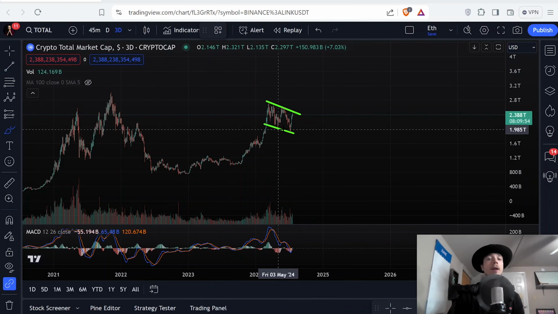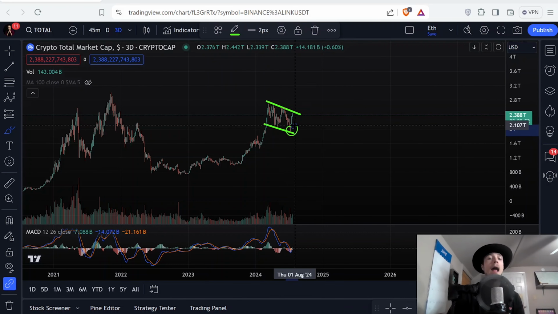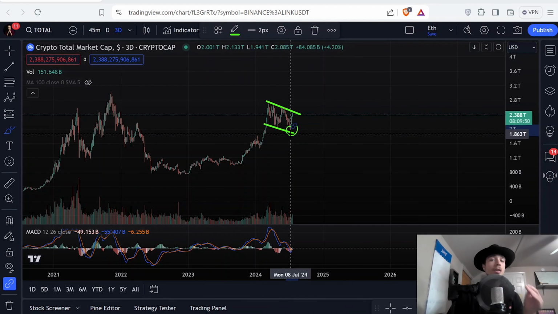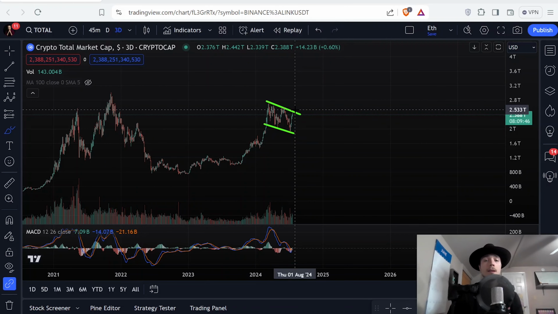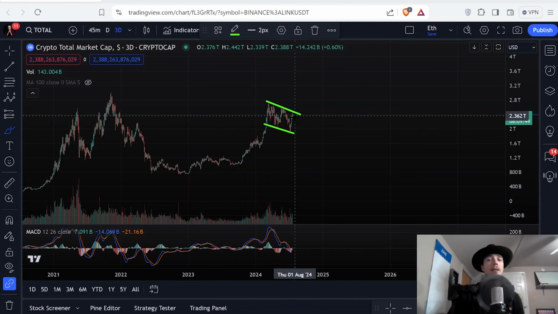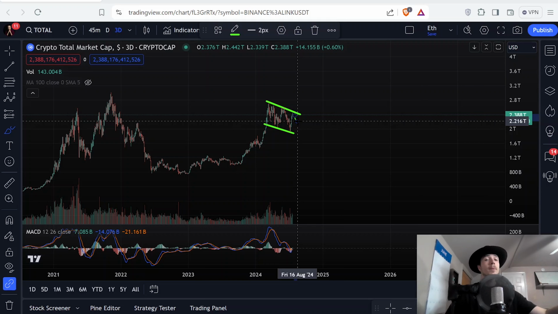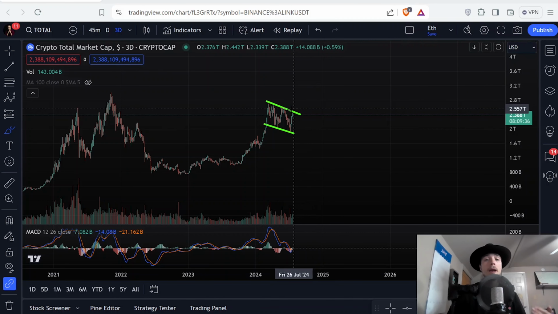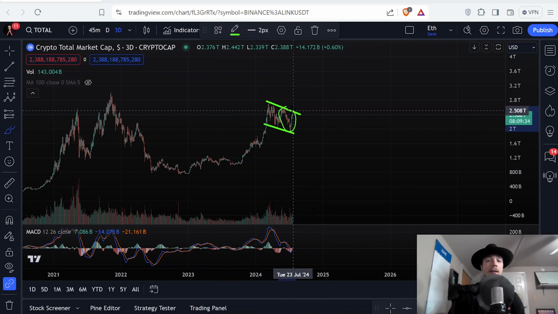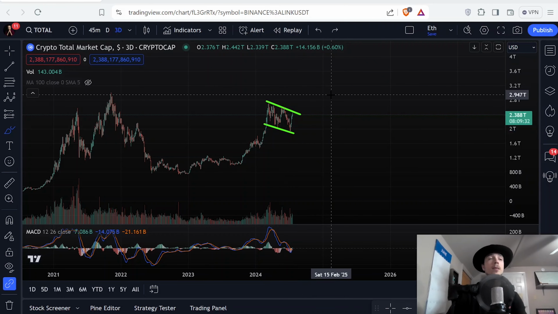We saw a very, very strong reaction off the bottom of that channel and went all the way back up to the top of the channel. Now, we could pull back a little bit in the short term, you guys. Don't be surprised if crypto sees a 10-20% pullback. But I'm not expecting a pullback like we saw right here. But some altcoins could pull back 20%, right?